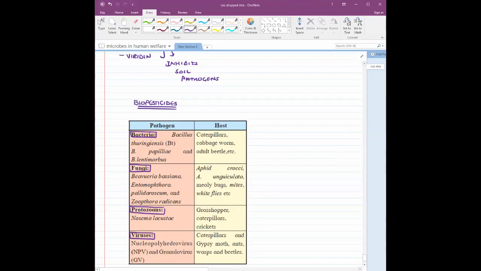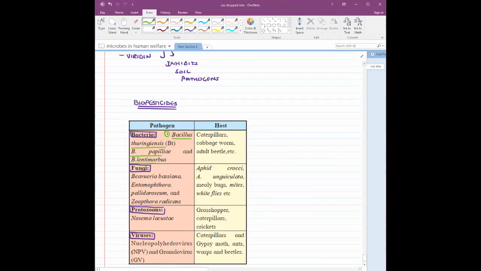Now, if we are talking about bacteria, the most important one is Bacillus thuringiensis. This is the most important one, guys. Bacillus thuringiensis, Bacillus popilliae, and Bacillus lentimorbus.